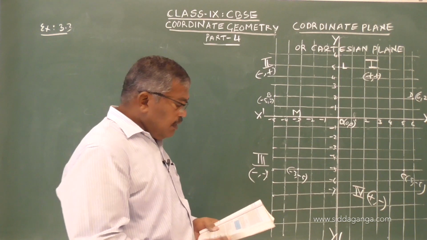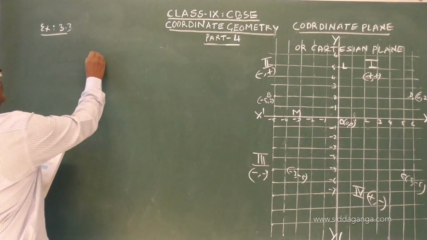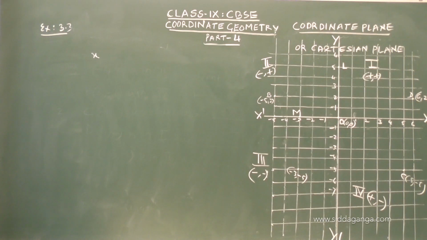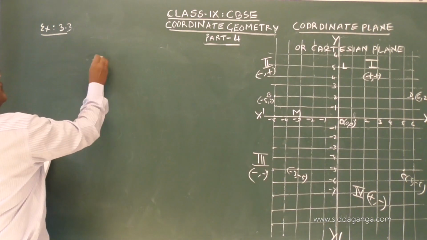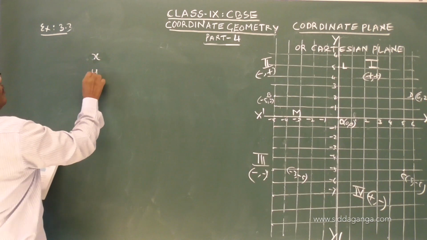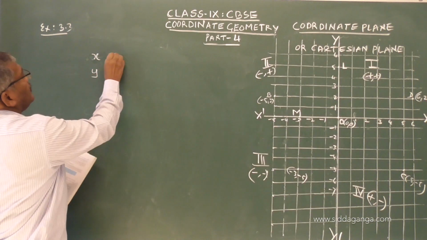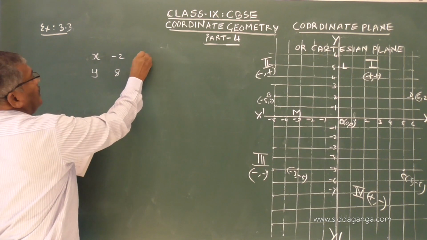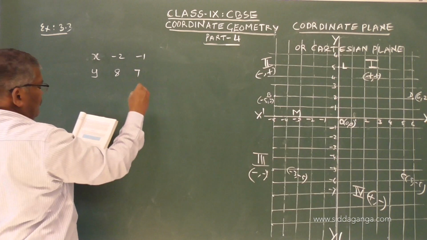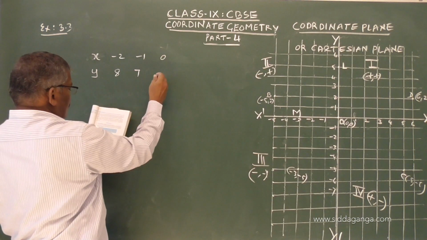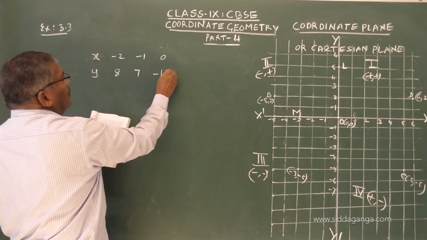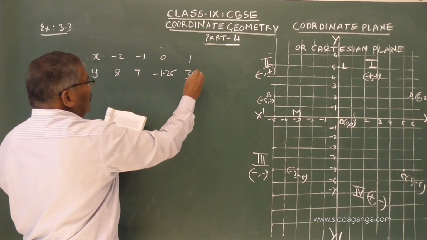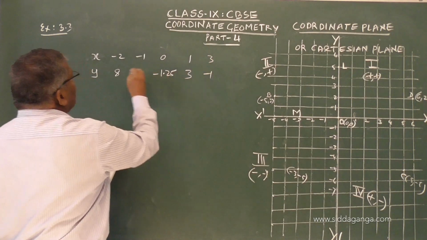So now the given problem is x, y: (-2, 8), (-1, 7), (0, -1.25), (1, 3), (3, -1).